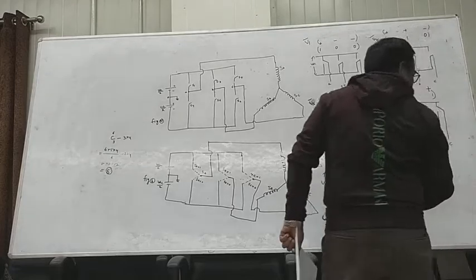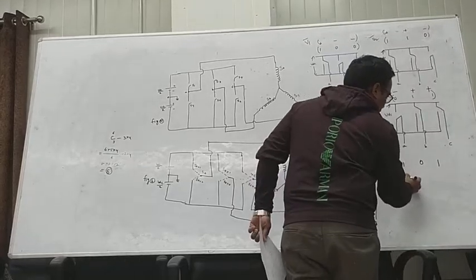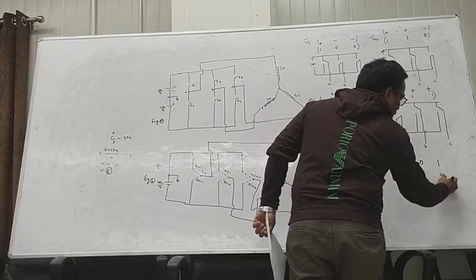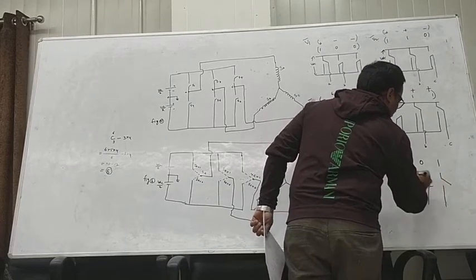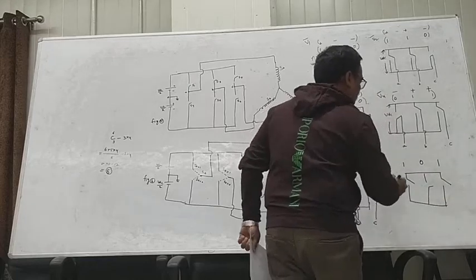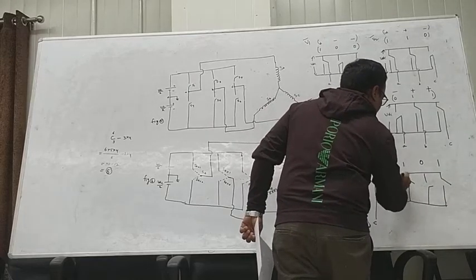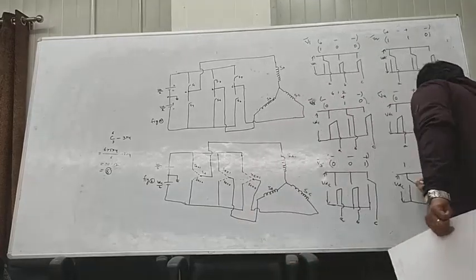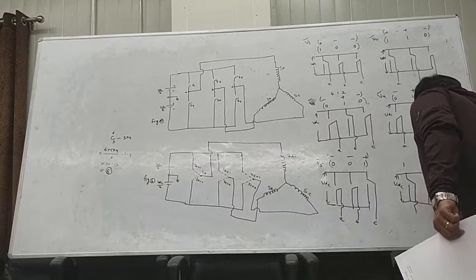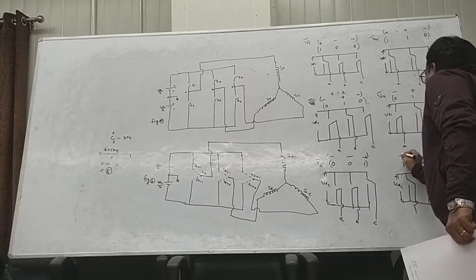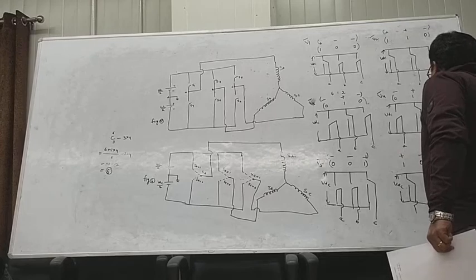So it means upper switch, bottom switch, and here also upper switch. So then it is connected to VDC. This is VDC. So this voltage is connected to the A phase, B phase and C phase. So this is plus, minus and plus.